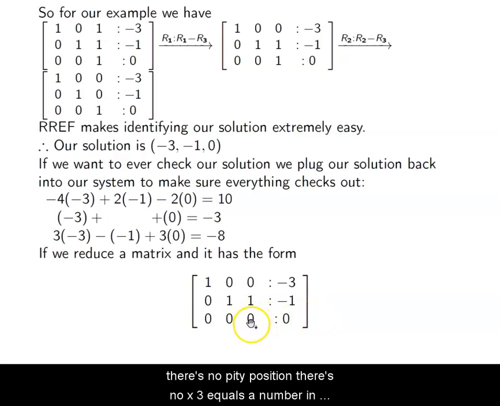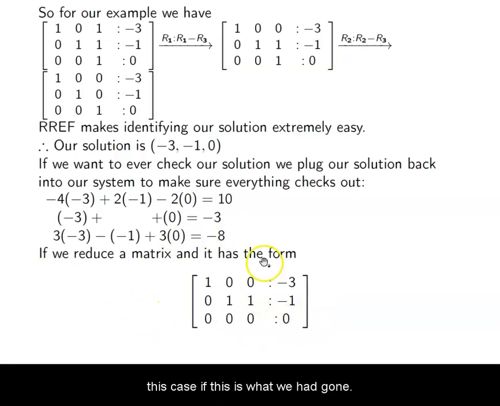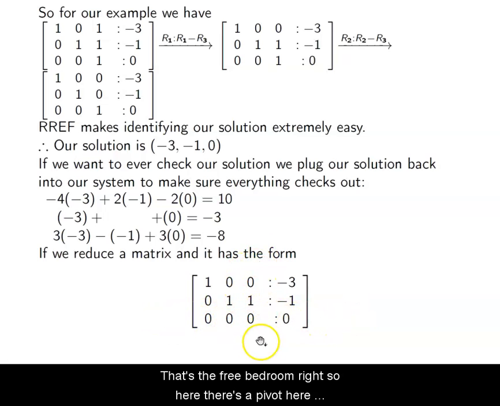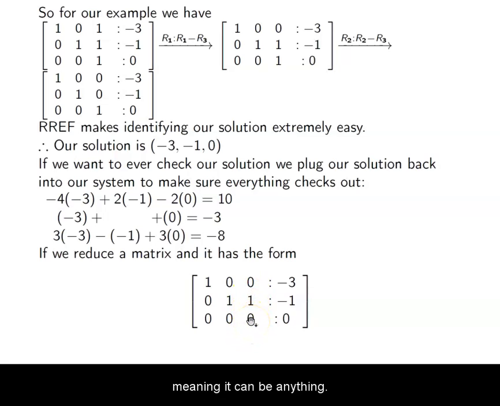There's no x3 equals a number. So we call it a free variable. The column that does not have a pivot, that's the free variable, right? So here there's a pivot, here there's a pivot, here there's not. So x3 is my free variable, meaning it can be anything.